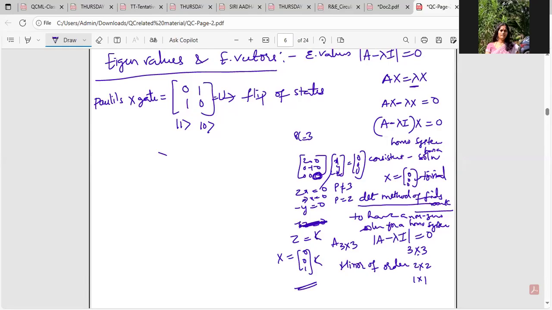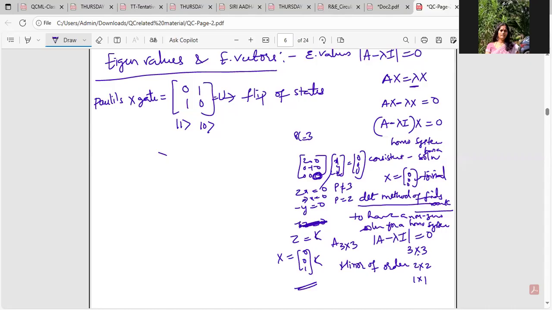So only if the rank is less than the number of unknowns, a homogeneous system will have a non-trivial solution. If the rank is equal to the number of unknowns, the homogeneous system will have only the trivial solution, where all zeros are there, which I'm not interested in.